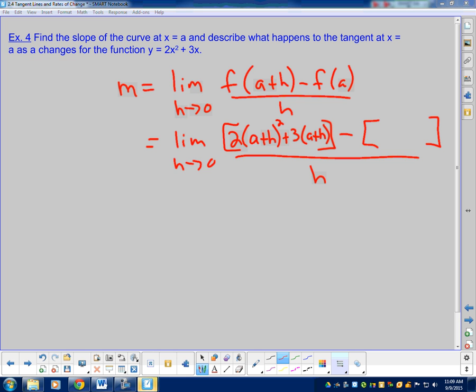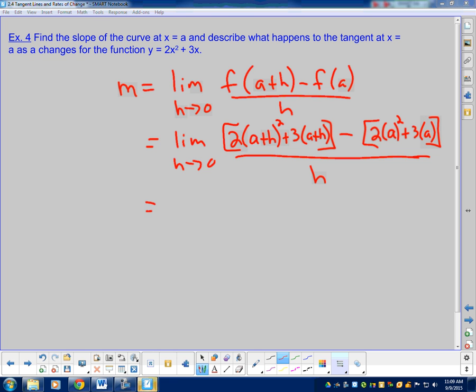And then minus 2a squared plus 3a. I'm replacing x with a plus h for the first term and replacing x with a for the second term. You could probably have just left it in x if you wanted to. X, it doesn't matter.